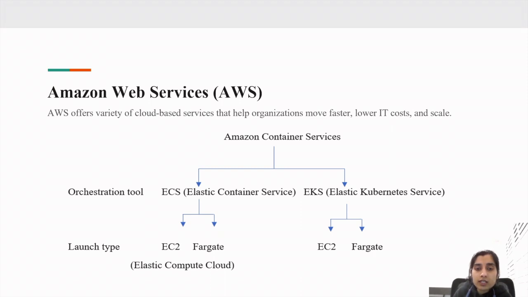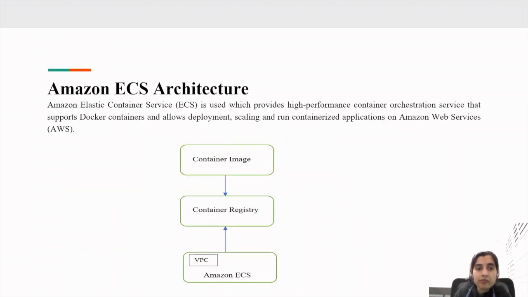Amazon container services have two orchestration tools, ECS and EKS, and each orchestration tool has two launch types, EC2 and Fargate. In this project we are using Amazon ECS, Elastic Container Service, which is used to provide a high performance container orchestration service, and it is used to deploy, scale and run containerized applications on AWS.